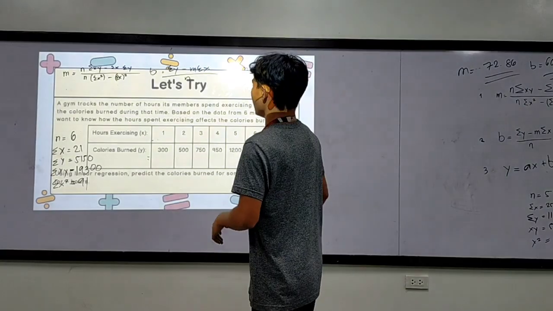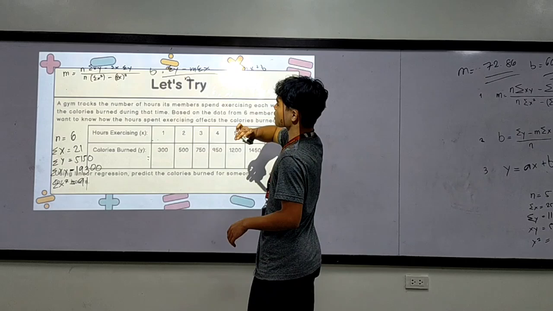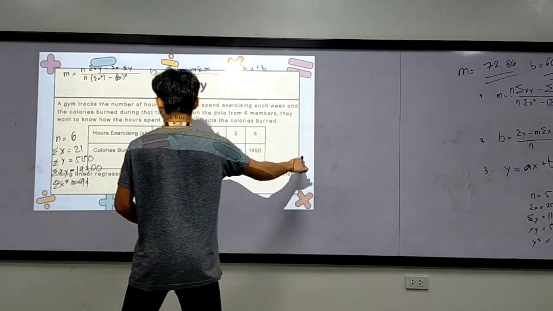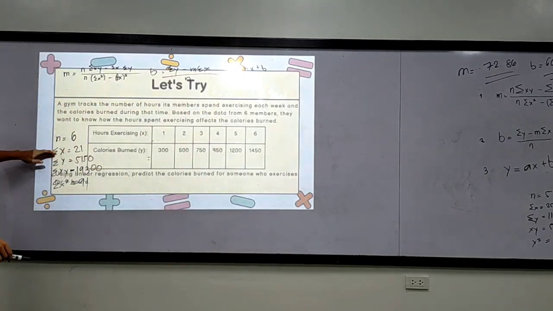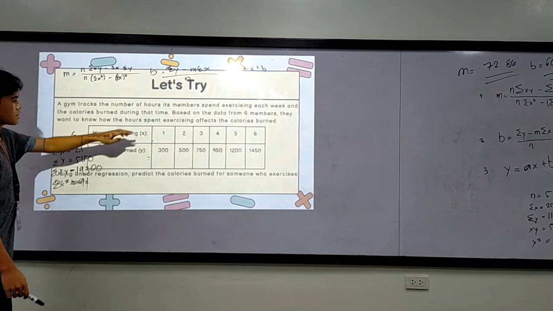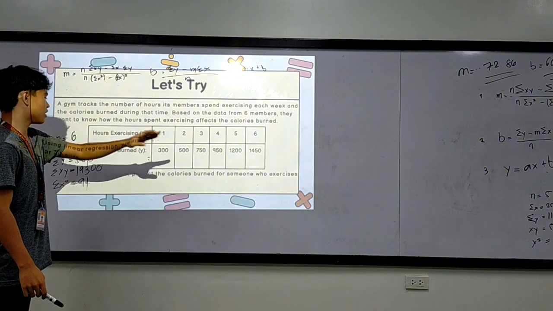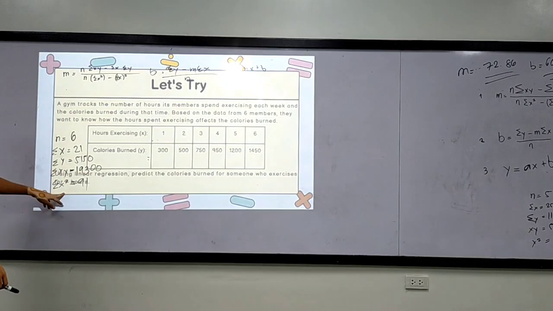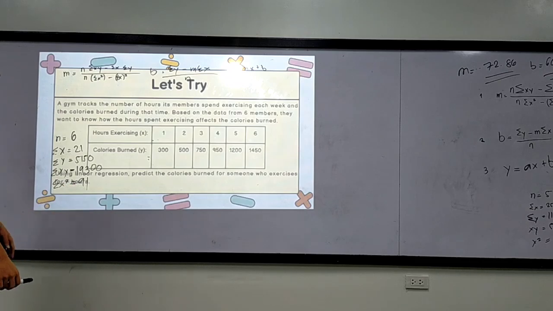So our exercise hours, sum this up, you get the value of x. And summing this up is the value of y. Then multiply x and y and sum, which is going to be 19,300. Then x squared is 91.